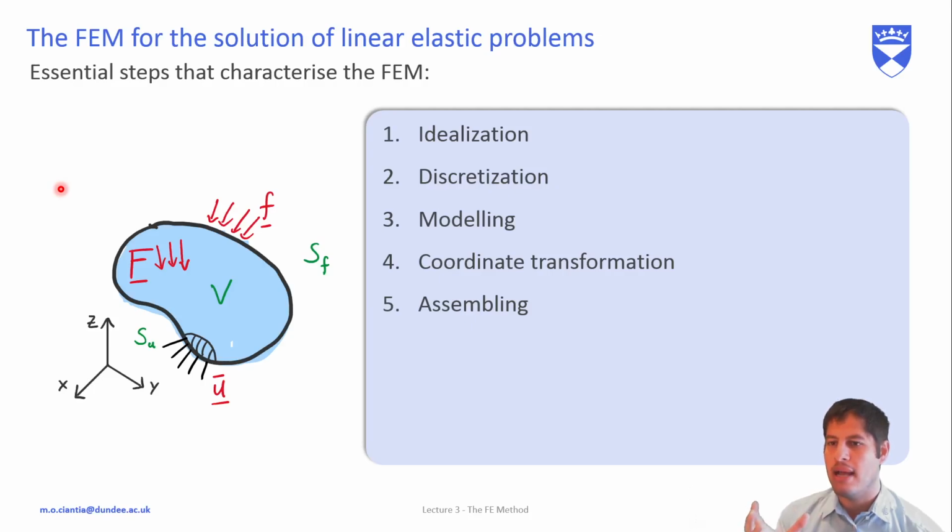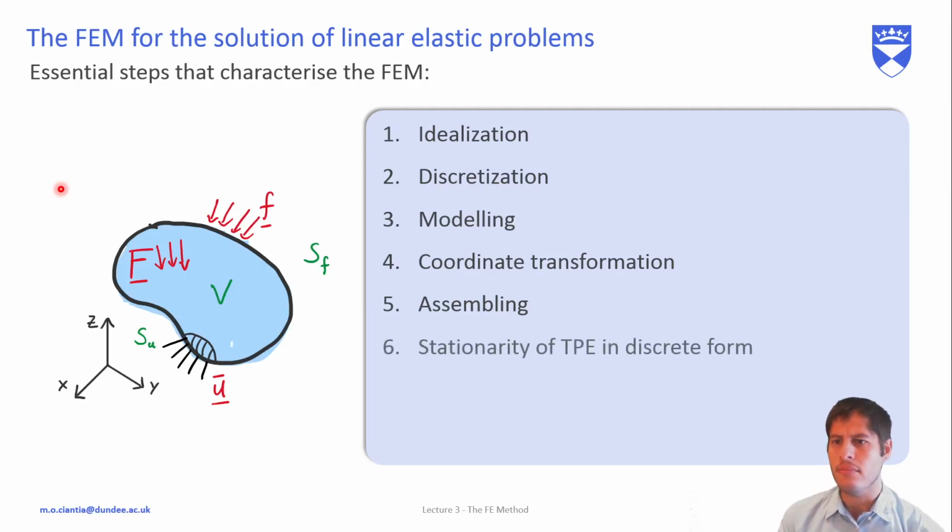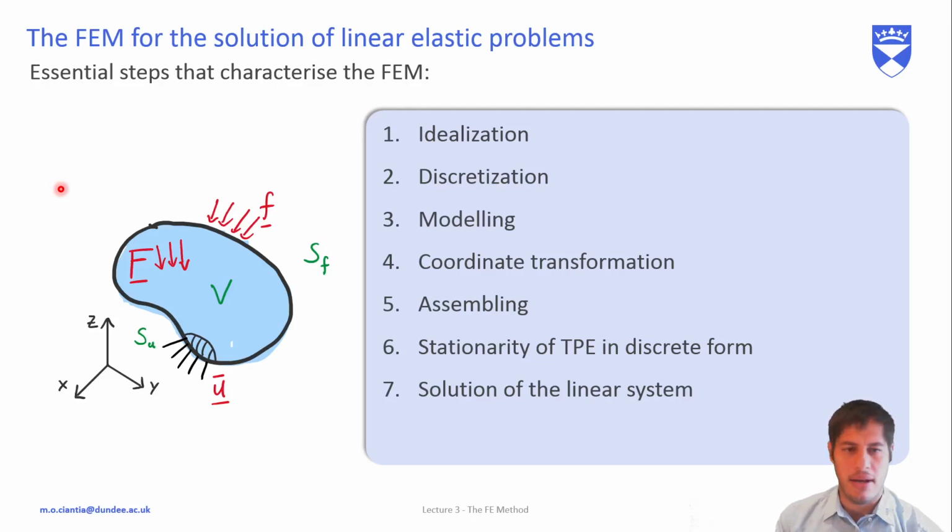After that, we can assemble our solution and then impose equilibrium in a discrete form using the stationarity of the total potential energy. Given that, we will get a final equation that is a linear system that can be solved.